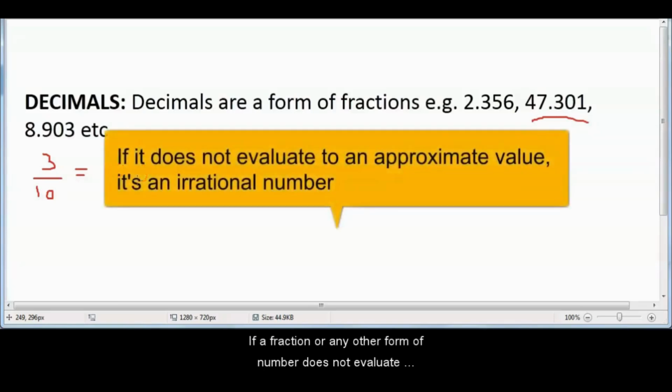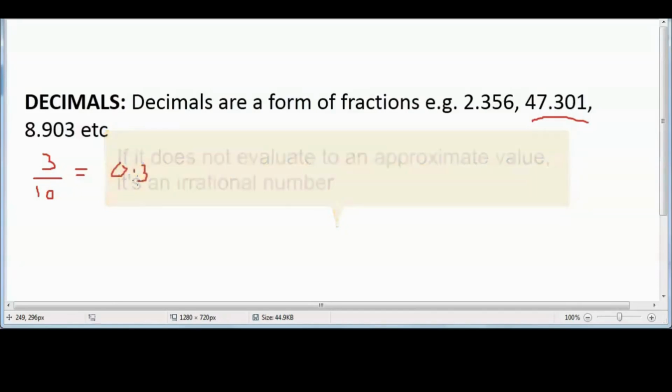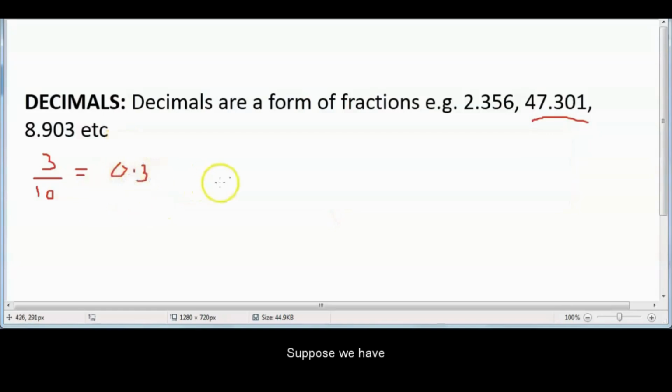If a fraction or any other form of number does not evaluate to an approximate value, it is an irrational number. Suppose we have root 5.